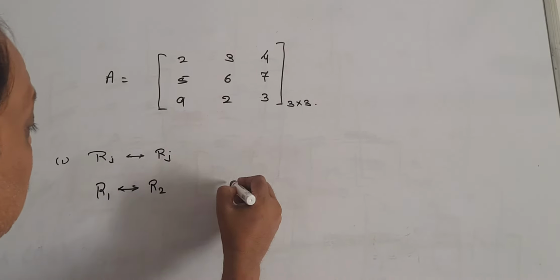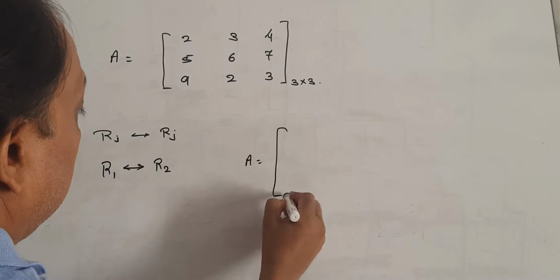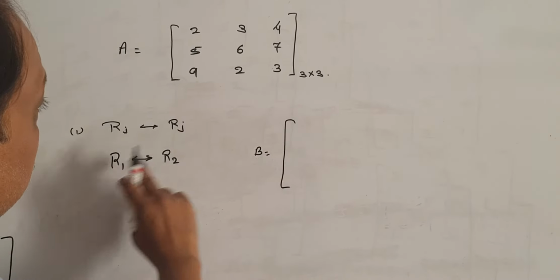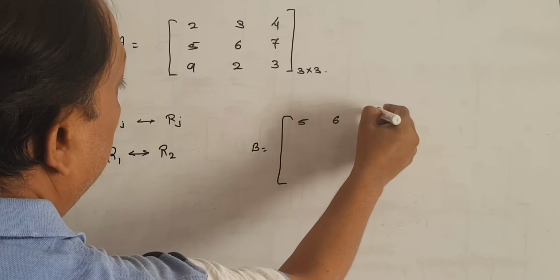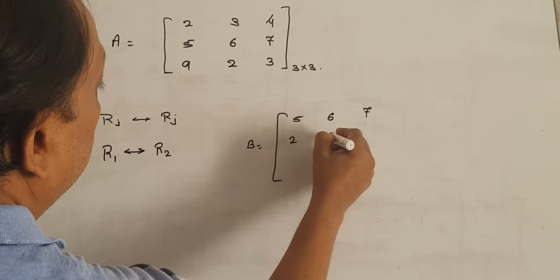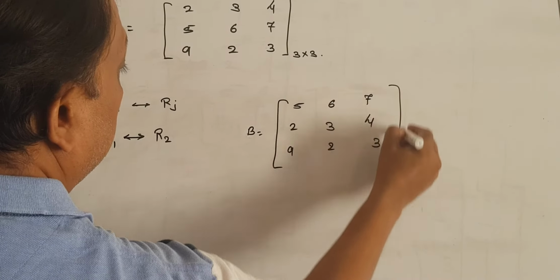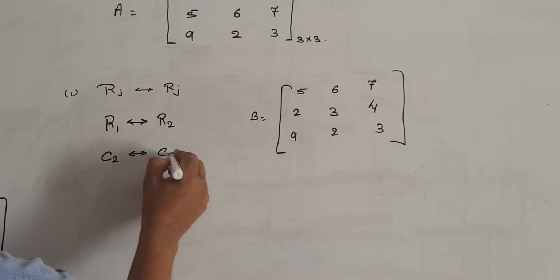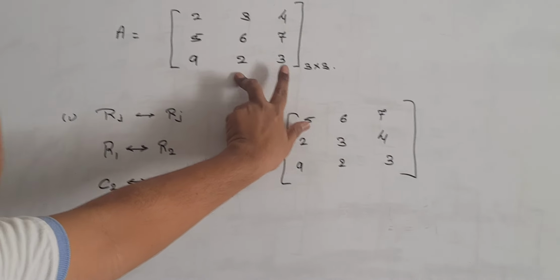So this matrix A becomes, if I call it B, the first and the second row interchanged: 5, 6, 7 becomes the first row, then 2, 3, 4, and 9, 2, 3. If you say C2 to C3, it means interchange the elements of the second column and third column.